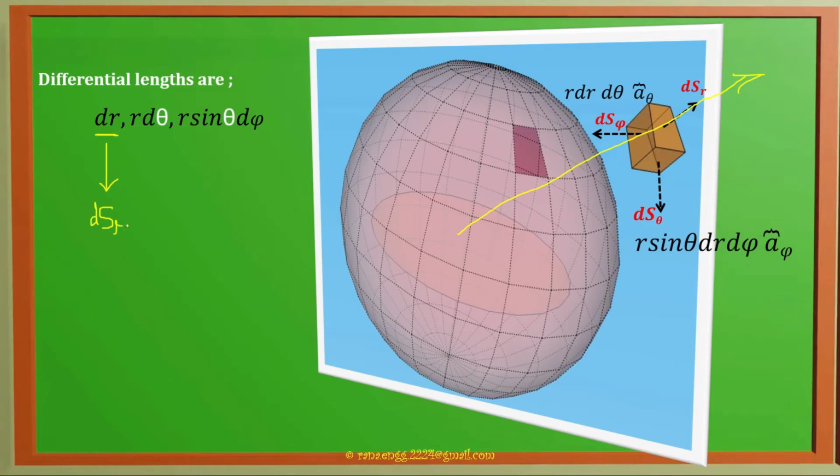The differential surface for this dr is given by differential surface suffix r, dsr. For this constant plane, it will be given as the product of the remaining two. Now what are the remaining two? The second component is theta. Theta is coming from the z axis, so this direction ds theta has a curved path.